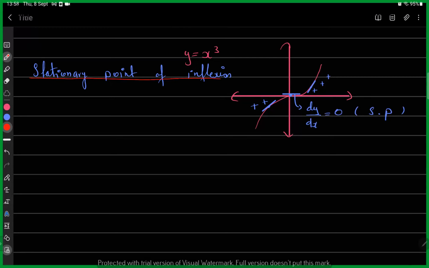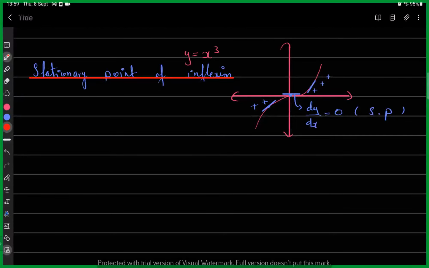This basically means that yes, you would have a point on your curve where the derivative is going to be 0, and that very point is your stationary point, but it is not the usual stationary point. It is going to have something different, and that different thing is that it would neither be the minimum point nor the maximum point. It would be the point of inflection. Why? Because it's lying in between, and the gradient is not changing its nature before and after the stationary point.